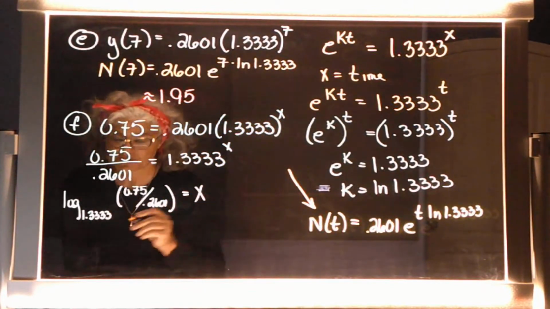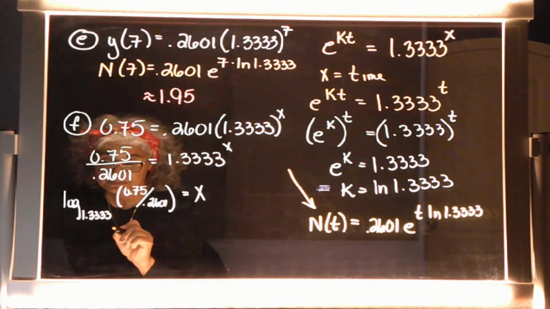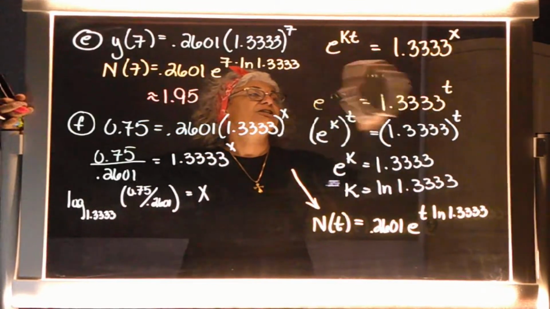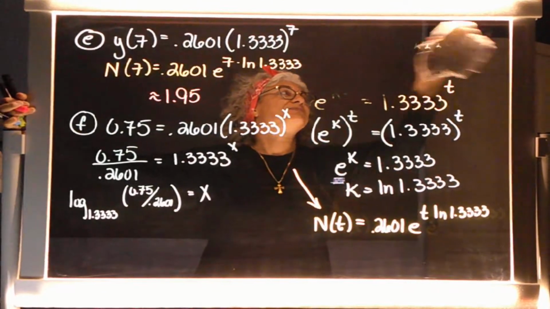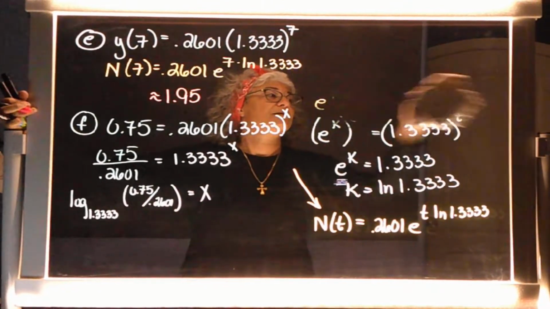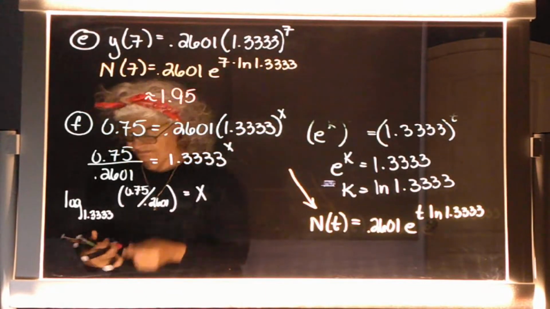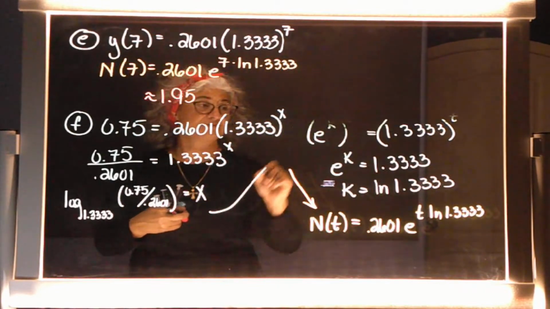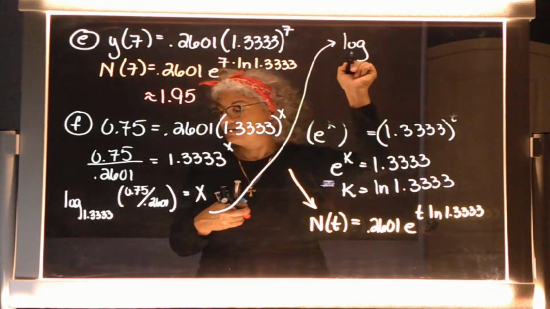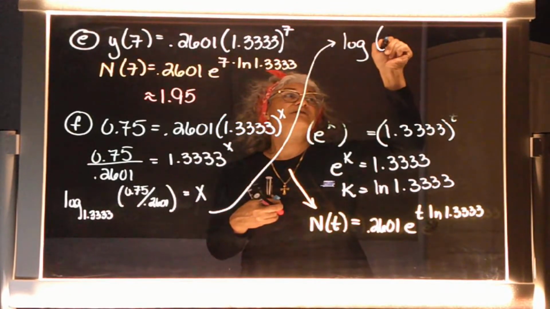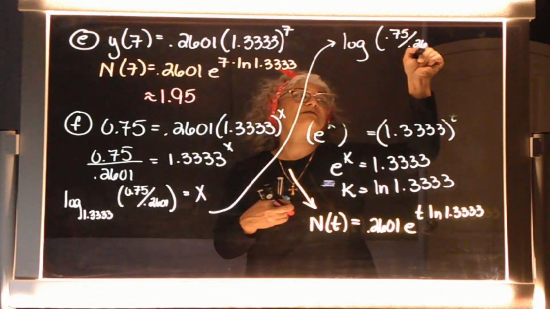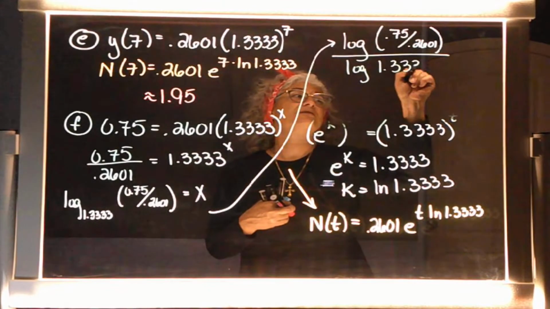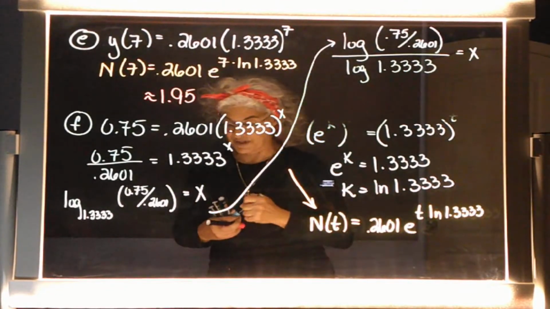Well, change of base formula says, and I'm going to use base 10, that means I'm going to take the log base 10 of the original, which was the 0.75 over 0.2601, and divide it by log base 10 of the old base. That's what that meant.